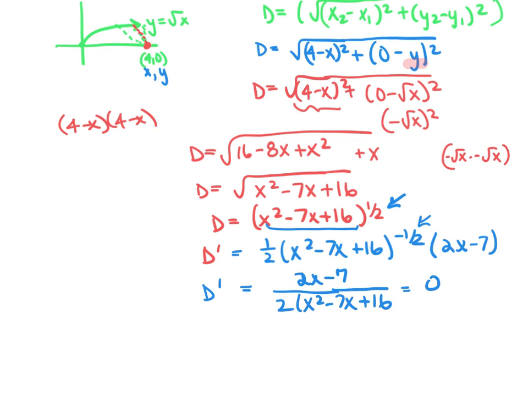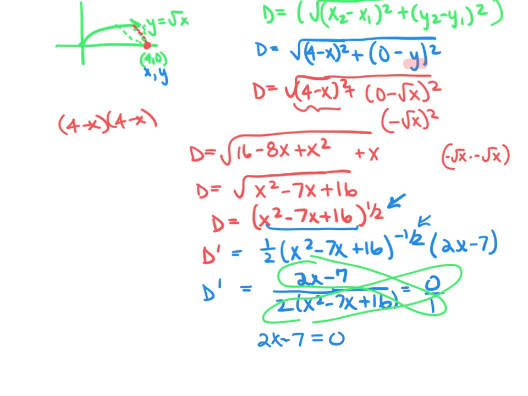So now I have one fraction equal to one fraction, and I can just cross multiply, which is the easiest way to solve this. Otherwise, I would have had a mess. When I cross multiply, I get 2x minus 7 is equal to 0. And when I solve this, you can see x is equal to 7/2.